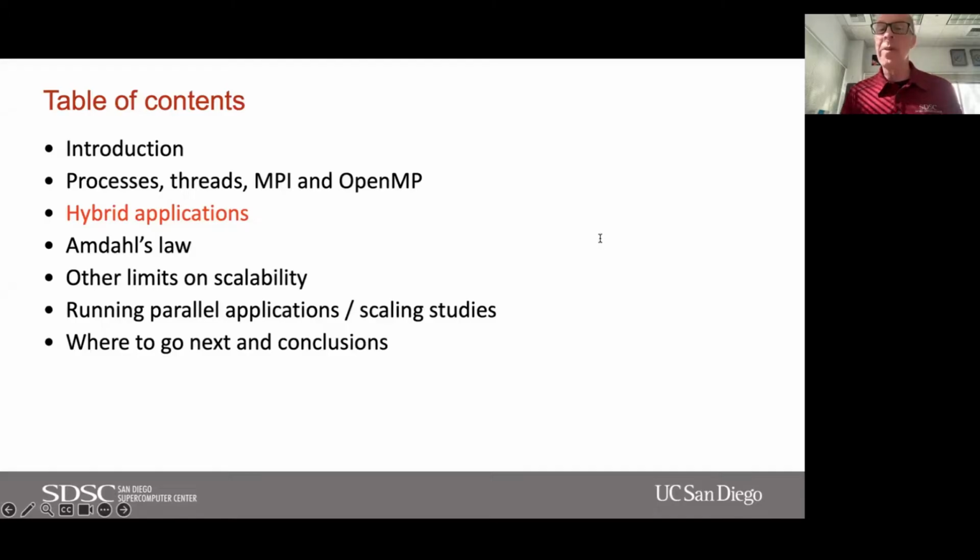So I see there's a little bit of discussion here. The parallel visualization is tough. I know that there are some tools that have come out of the national labs that allow you to do visualization in parallel. I'm not personally familiar with them. With post-processing, again, that's going to depend on what exactly it is that you're doing.